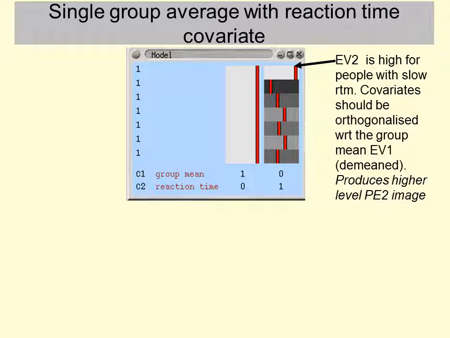If a voxel's participant course has that pattern, then this will be the explanatory variable that gets a high parameter estimate in that case. And of course this is really useful.